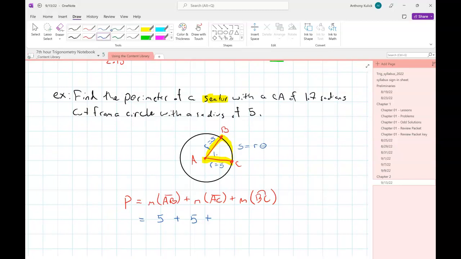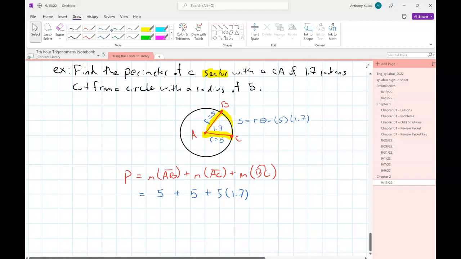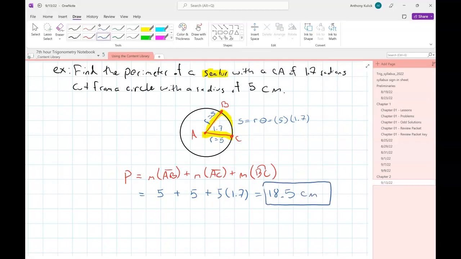Since theta is given in radians, I get that, and I think I am good to go. Oh, I didn't give a unit for these radians, or the radius, huh? Let's make those centimeters, I suppose. So this should be centimeters.